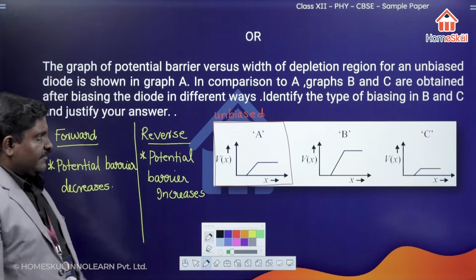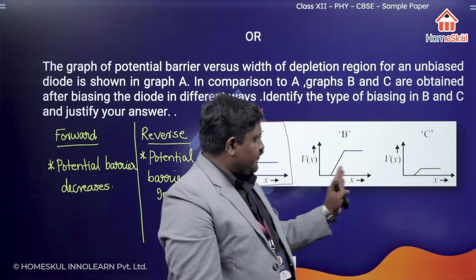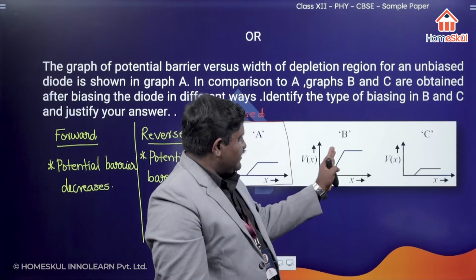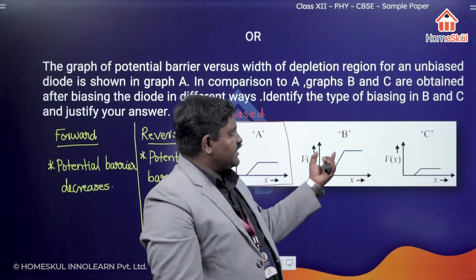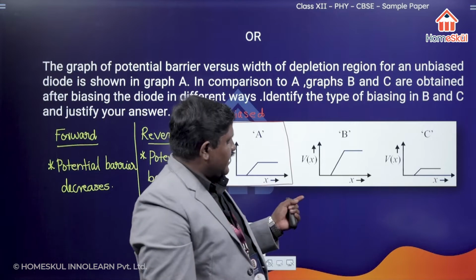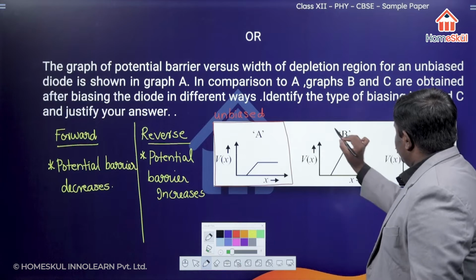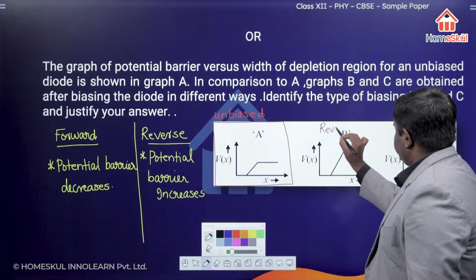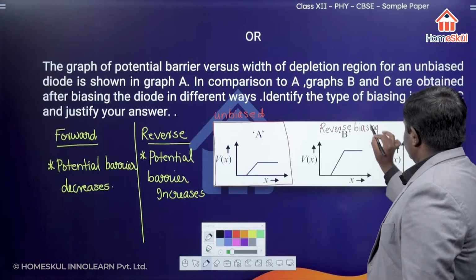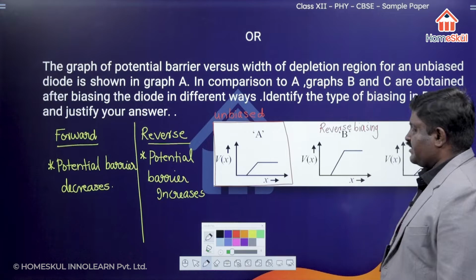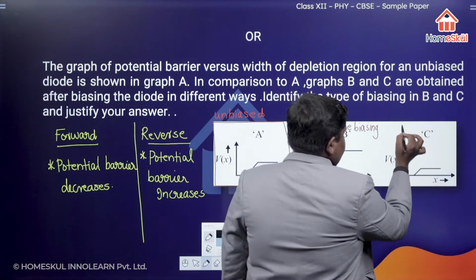Now carefully look at figures B and C. In which one does the potential barrier increase? In graph B the potential barrier increases, so graph B denotes reverse biasing. Then what about graph C? Graph C is forward biasing.